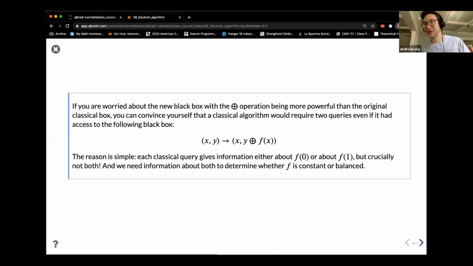So you are getting information about both f of 0 and f of 1 at the same time, even though they're in superposition. That's one thing that we will exploit. Hopefully this becomes clearer in the second part.